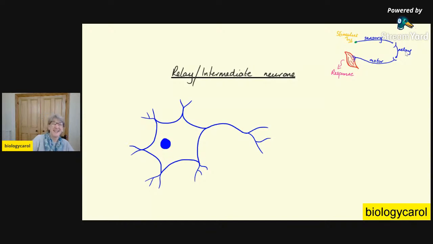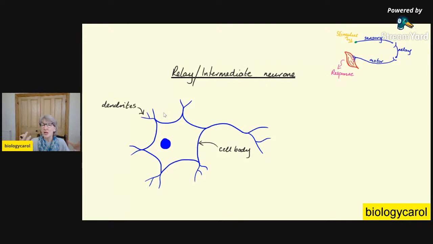Hi, Maisha. So back to the relay neuron, and I'm suspecting that you can spot the cell body. Funny that, because a diagram of a relay neuron is practically all cell body, for A-level purposes. And these are the dendrites. Notice that the relay neurons don't have long dendrons, those big dendrons.